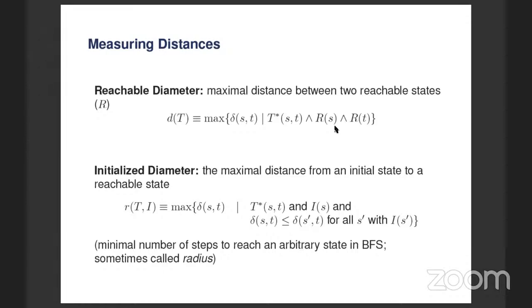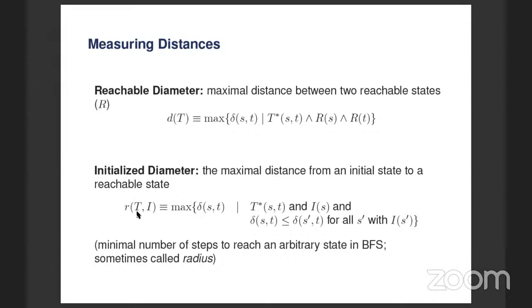Among all pairwise states S and T that are connected, it says what is the maximal distance over all pairs of states. That is for any two states. Now, the initialized diameter is the maximal distance from an initial state to any state that is reachable from any one of the initial states.